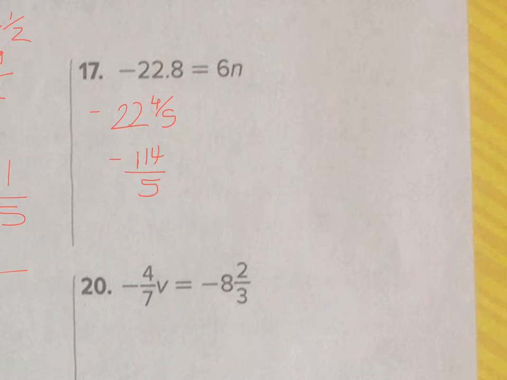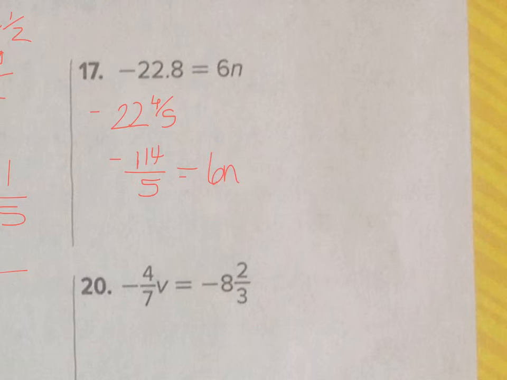So for this problem again, we have a decimal, which I converted into a fraction. And when I take negative 22.8, it's the same as saying negative 22 4/5. And when we make that an improper fraction, it's the fraction negative 114 over 5. So then we can move on and make that equal to 6n, because it's just the same number, just rewritten.